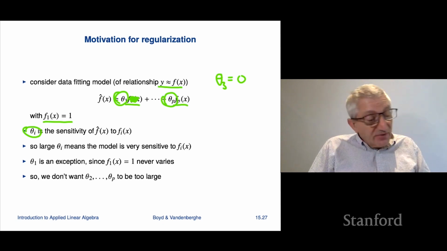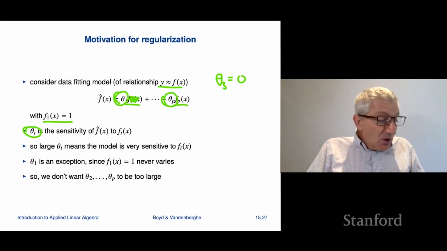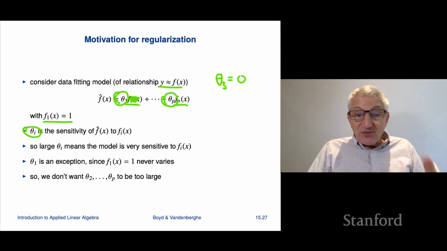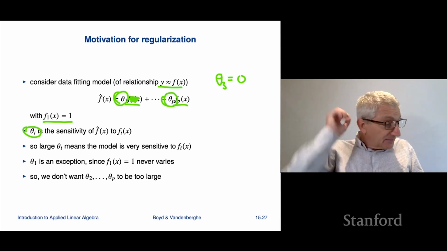On the other hand, if theta 4 were extremely large, that would mean that very small changes in f4 of x, the fourth basis function, would lead to very big changes in the prediction. In other words, our prediction would be very sensitive.